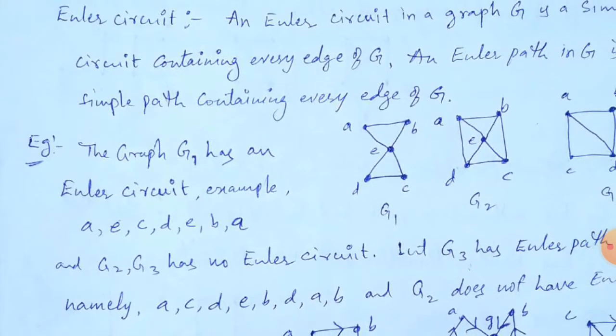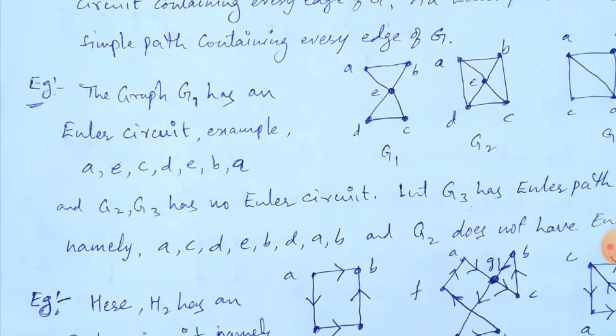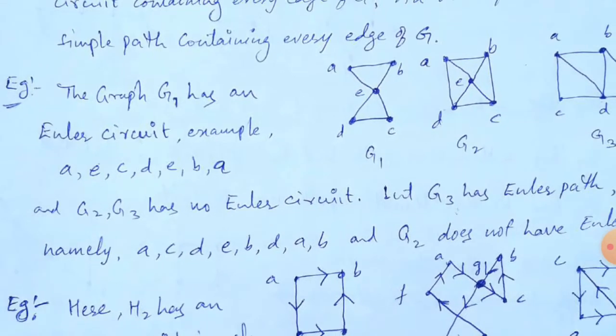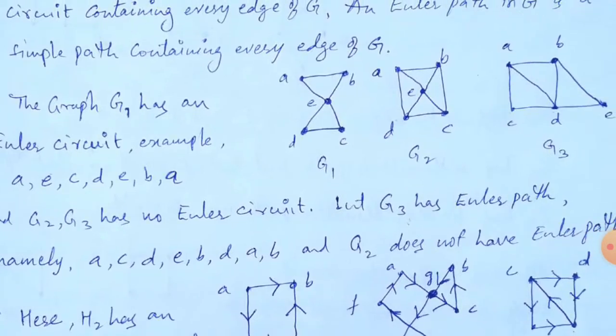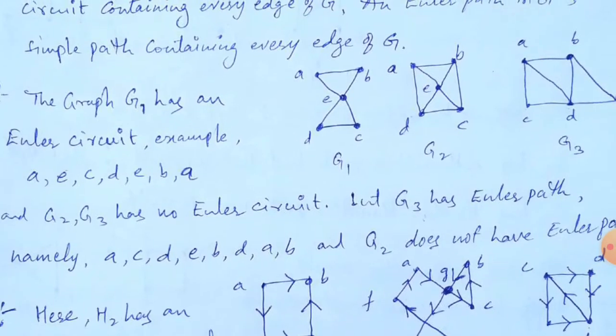Now in graph G2, if you observe, G2 and G3 have no Euler circuit, but G3 has an Euler path. Why do we say G2 has no Euler circuit? Start anywhere, for example A, B, C, D. Then you have to visit all the edges with no repeated edges, and again come back to A. That is not possible in G2.